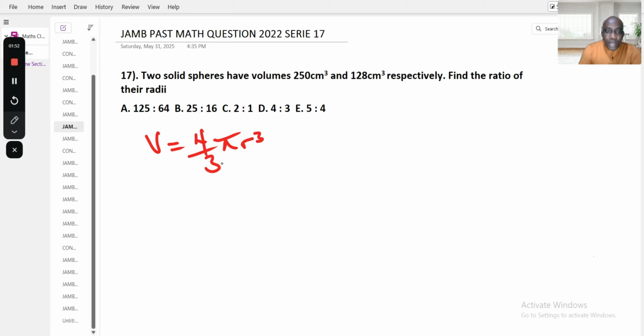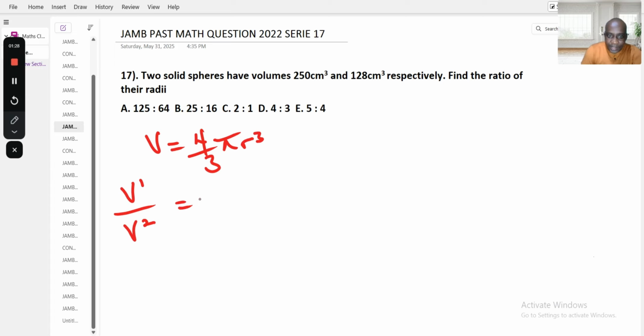This is the formula. Therefore, we are going to apply this as a ratio. We are going to have V1 over V2, isn't it? Yes, V1 over V2. This V1 will represent 250 centimeter. The V2 will represent 128.